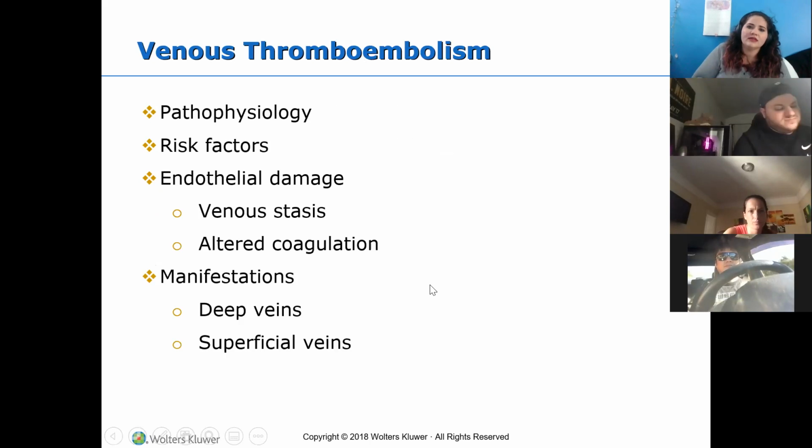Okay. Venous thromboembolism: pathophysiology and risk factors are endothelial damage, venous stasis, and altered coagulation. Manifestations are in the deep veins and superficial veins.